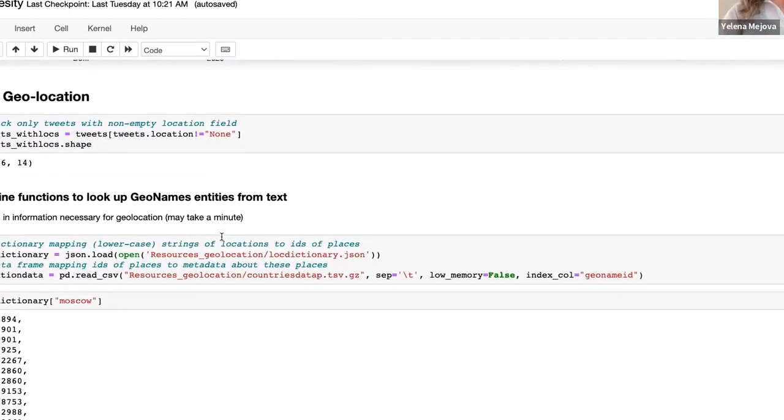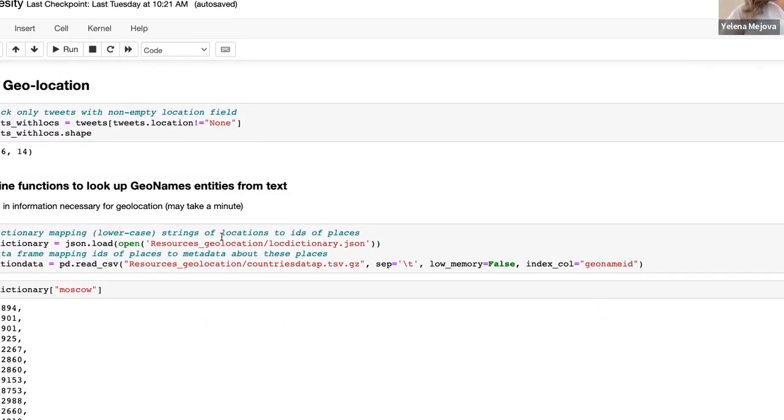So how do we do geolocation? First of all, what we want to use for this is the location of the user's profile. Some of the users actually specify where they're from. Funny part is that there is no constraint on what they can say. So some of them say on the wings of an angel, or I don't know, Earth.